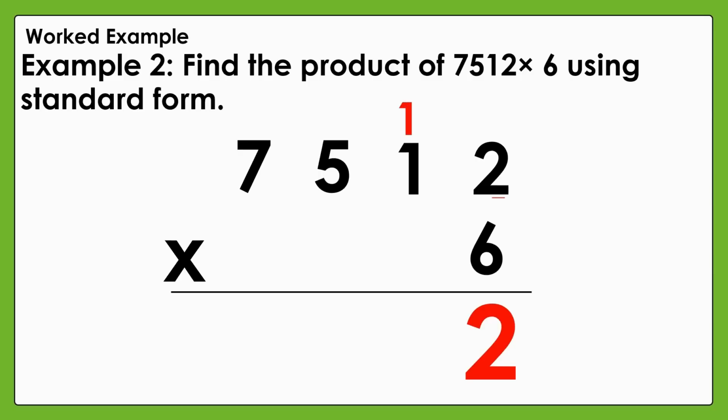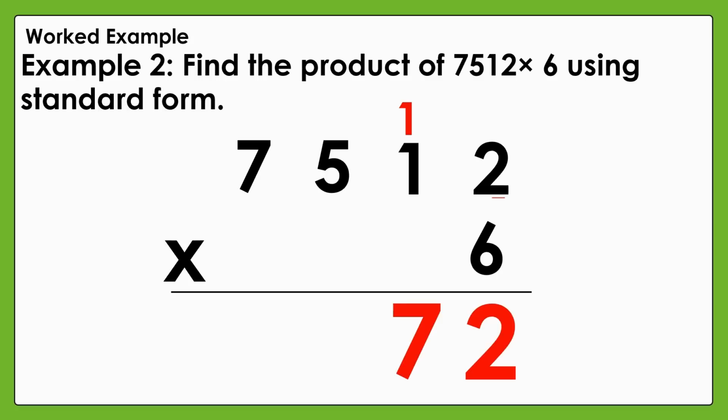Now, let us multiply the tens place. 1 times 6 is equal to 6, plus 1 is equal to 7. Write down 7 in the tens place.